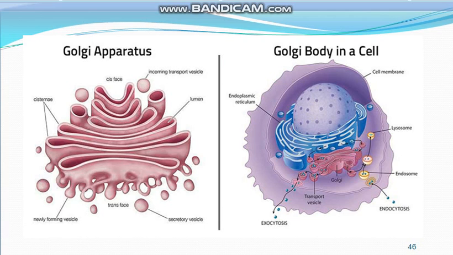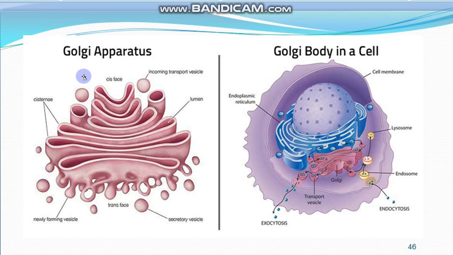So the forming phase or the cis phase is present near the smooth endoplasmic reticulum, and materials move to the cis phase in transparent vesicles that bud off from the endoplasmic reticulum. Suppose here the endoplasmic reticulum is present, and from the smooth endoplasmic reticulum, vesicles will bud off and they will move towards the cis phase.